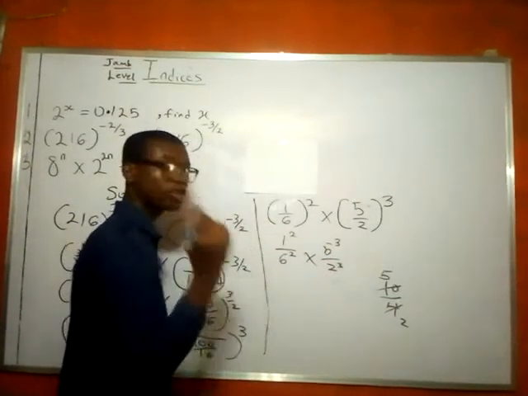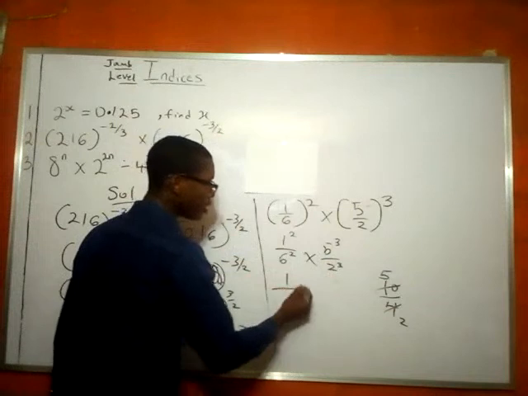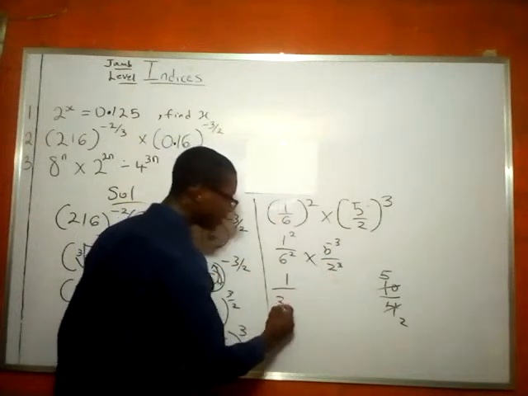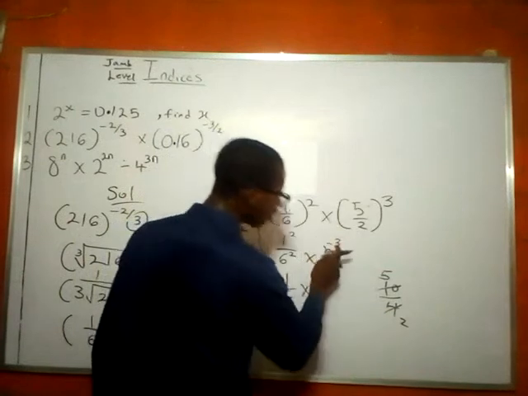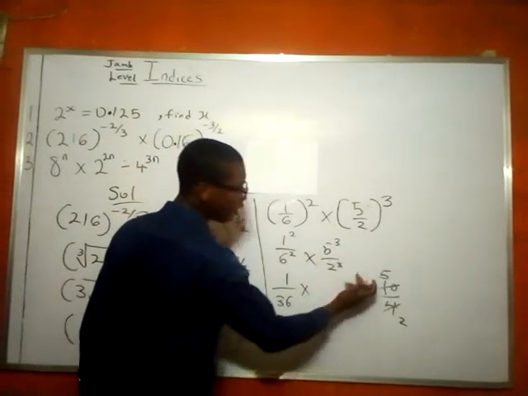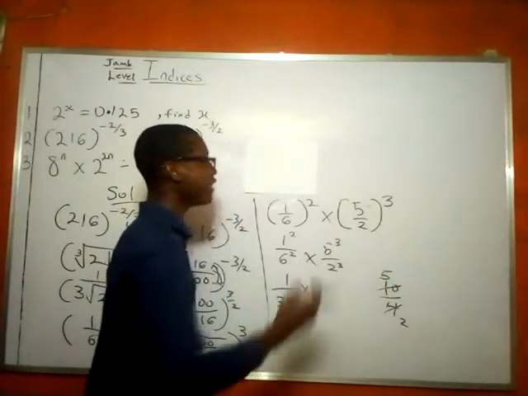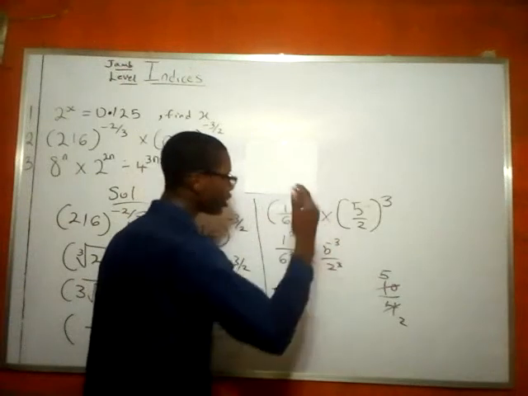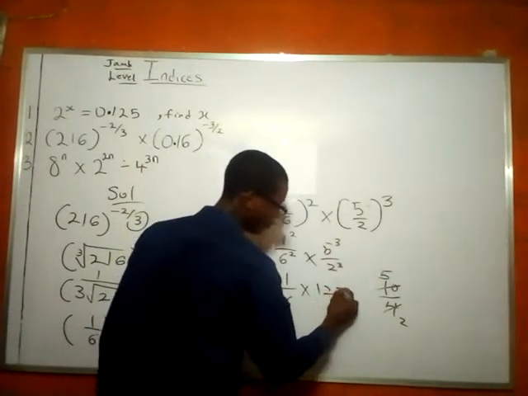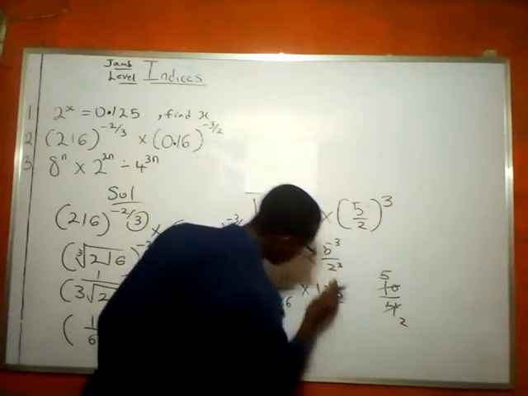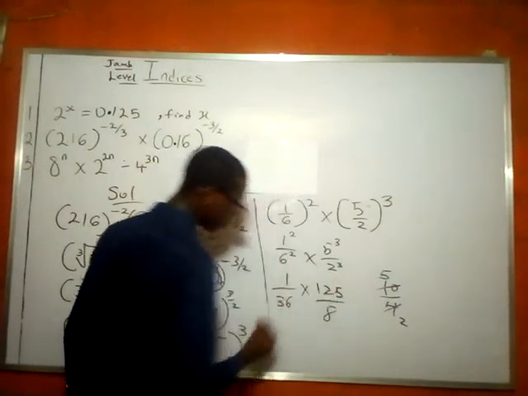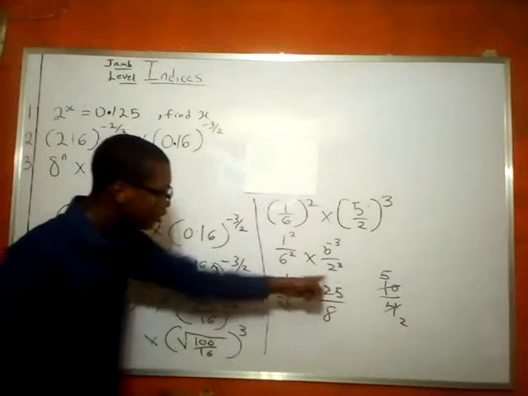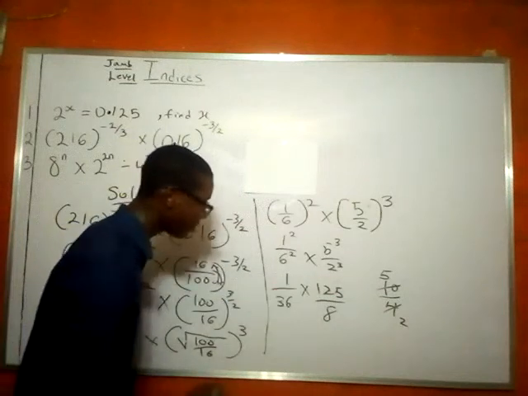1 raised to power 2 will give us 1. 6 raised to power 2 will give us 36, multiplied by 5 raised to power 3, which will give us 5 times 5 gives us 25, 25 times 5 gives us 125, all over 2 raised to power 3, which will give us 8. We are going to simplify further.